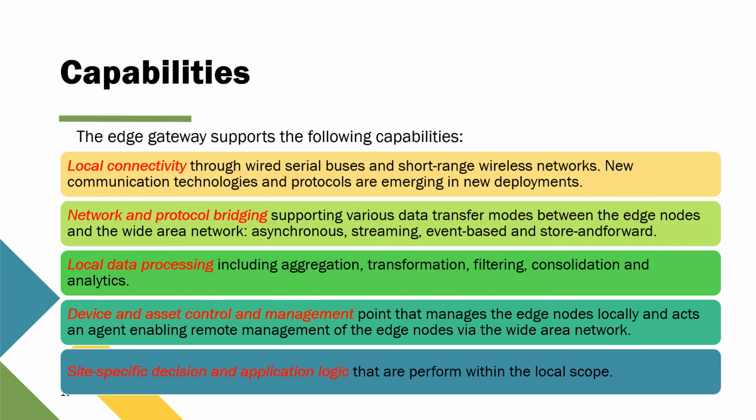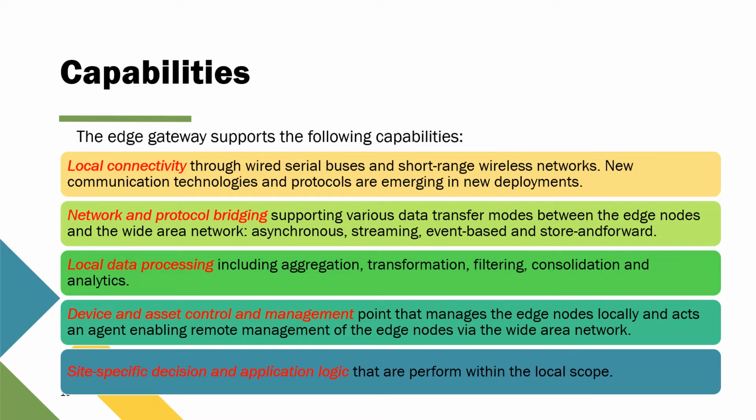Now let's see the capabilities of the edge gateway. The first one is local connectivity through wired serial bus and also short range wireless network. So it is able to give local connectivity between the edge tier and the platform tier.